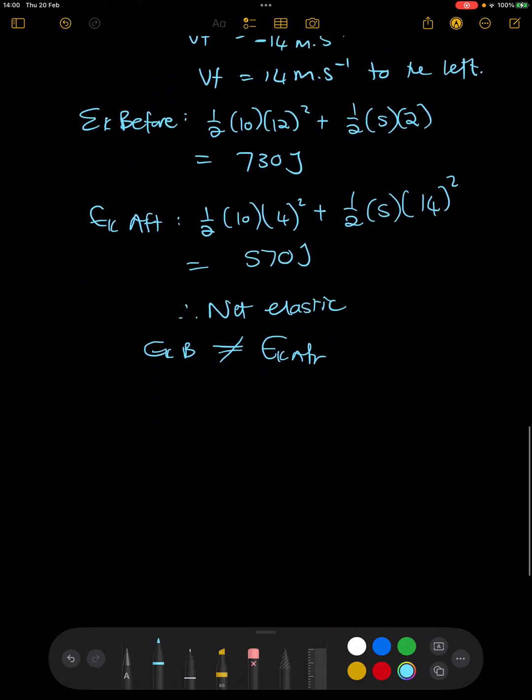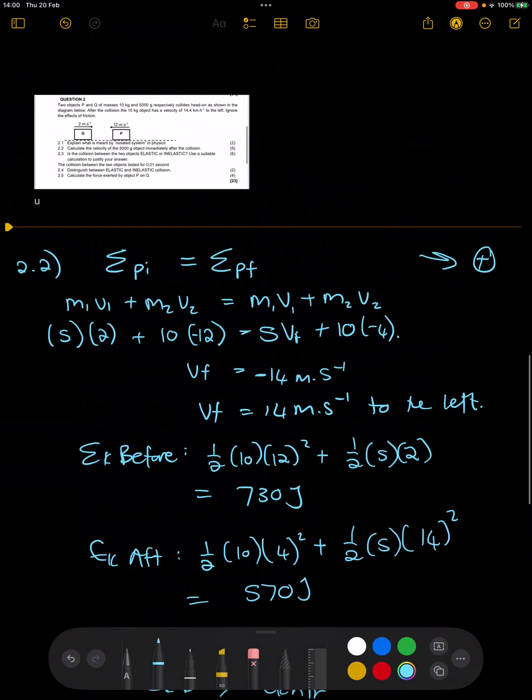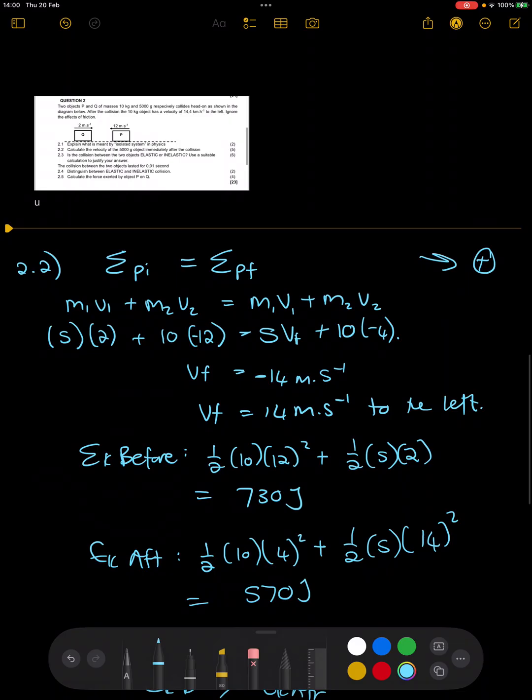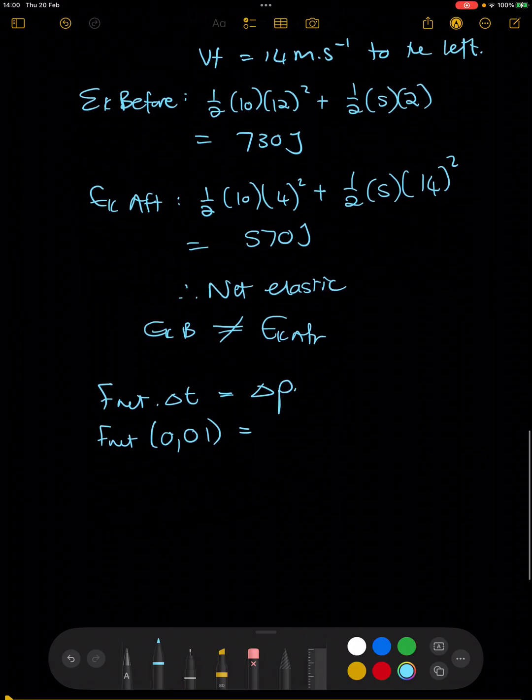So that's where we're going to be using this formula. F net times delta time is equal to my change in momentum. We don't know the F net, that's what we're trying to calculate. They give us the time as 0.01. They're asking me specifically about the force of object P on object Q, so we're going to be working with the information from Q. They want to know what was the force that happened on Q. So the change in momentum is mass times V final minus V initial.